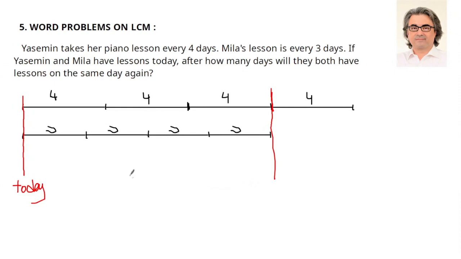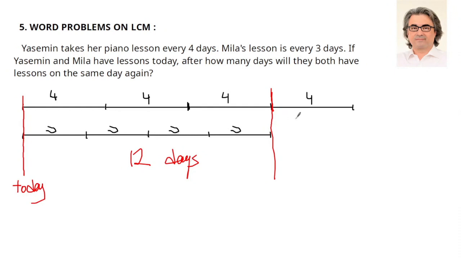And as you see, 4 plus 4 plus 4 is 12, or 3 plus 3 plus 3 plus 3 is 12. So it means after 12 days, they will again take their piano lesson together.